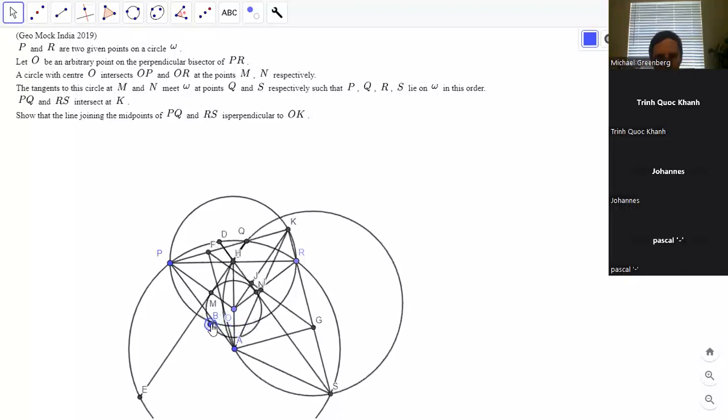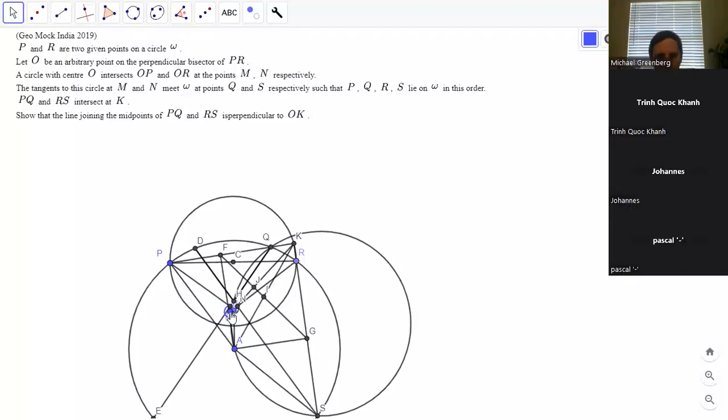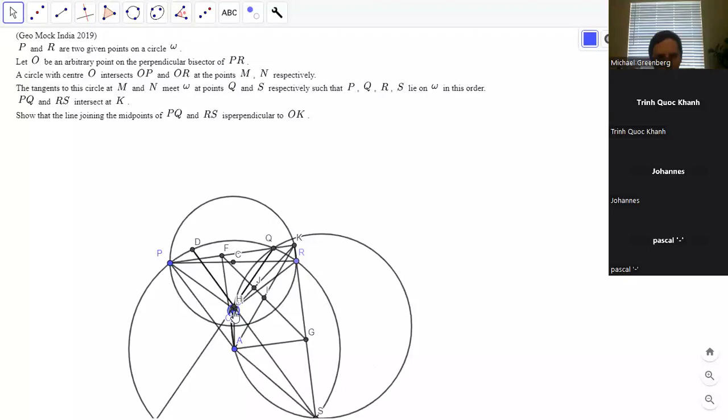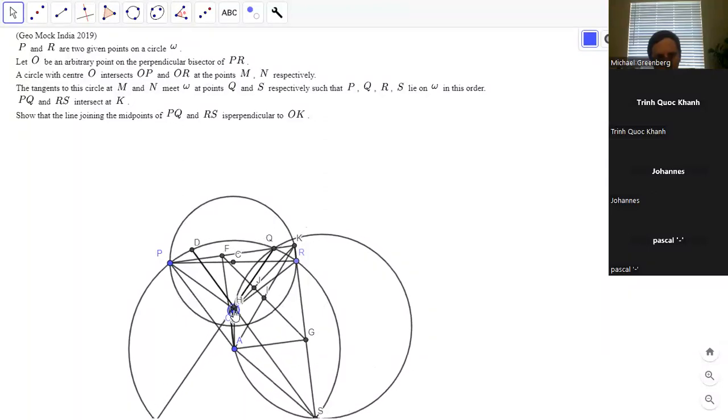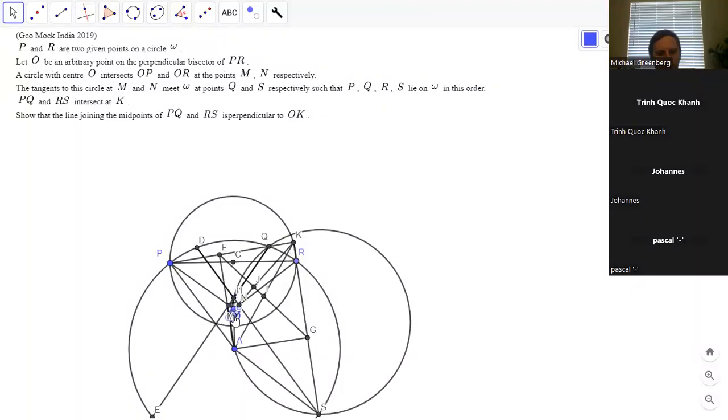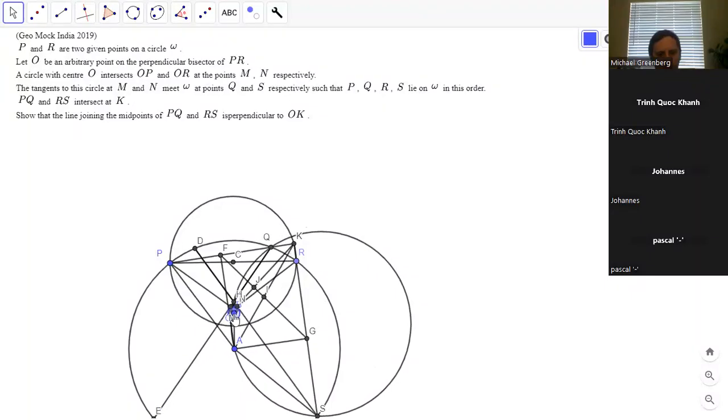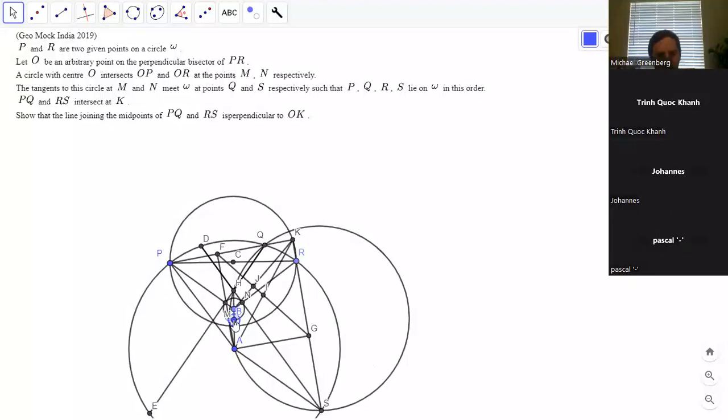So I guess as B approaches O, and this becomes like a point, does that give us any insight? So what would K be in that case? But it's hard to tell what those tangents are.